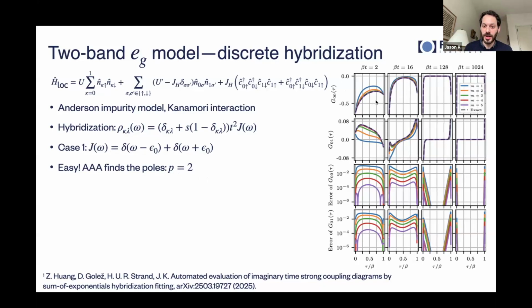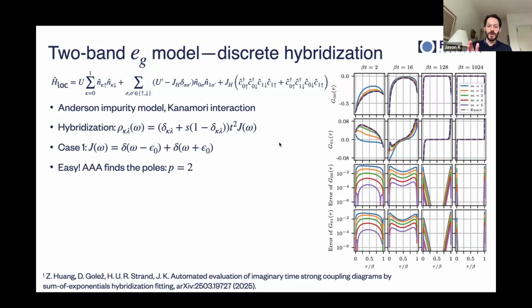Here I'm showing a diagonal and off-diagonal component of the imaginary time Green's function that we get after converging this pseudo-particle self-consistency. We see nice order-by-order convergence, even at relatively low temperature. And here are the associated errors, where you see convergence with respect to the diagram order.